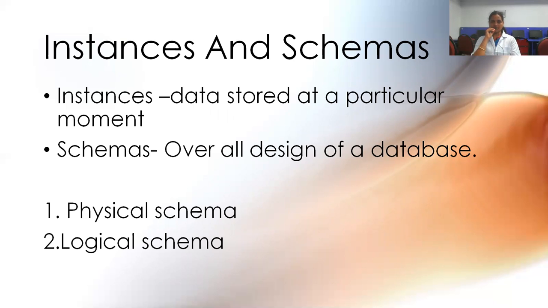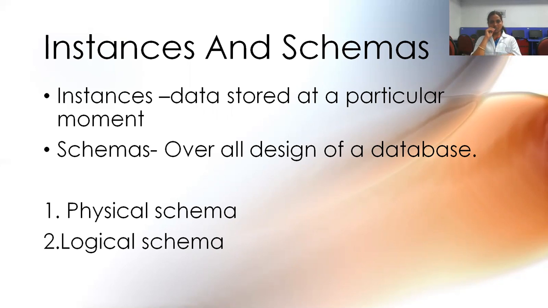So we have seen the physical level, logical level, and the view level. Based on that, we can differentiate the schemas: physical schema and logical schema. The overall design of the database at the physical level is called the physical schema.